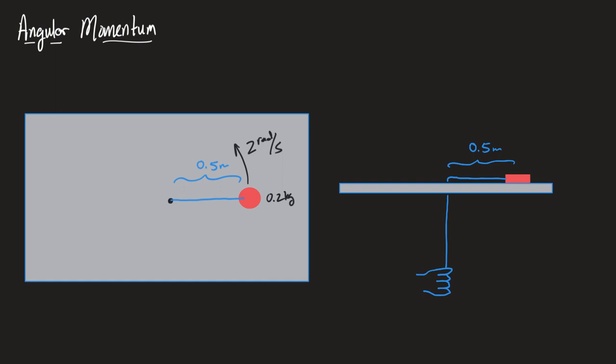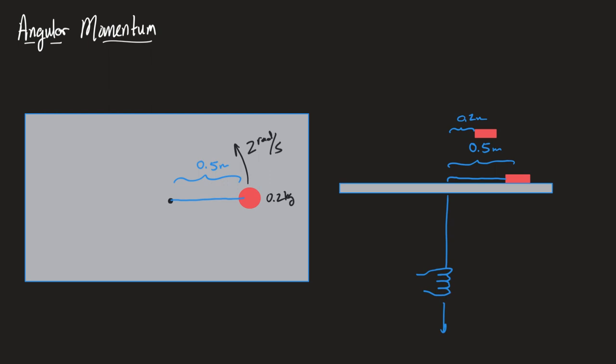So we grab on to the side of the string, and we're going to pull downwards on the string while it's spinning, shortening the distance from 0.5 to 0.2 meters with the puck, right here. So that's what's going to happen.